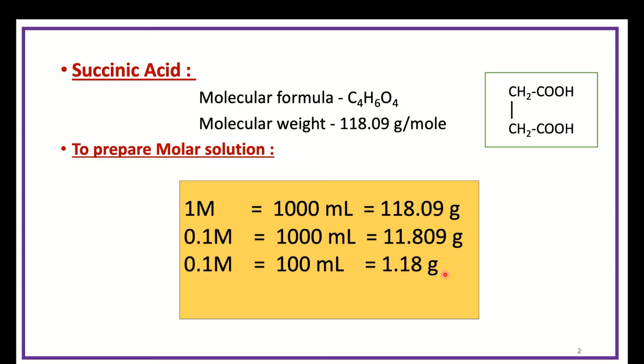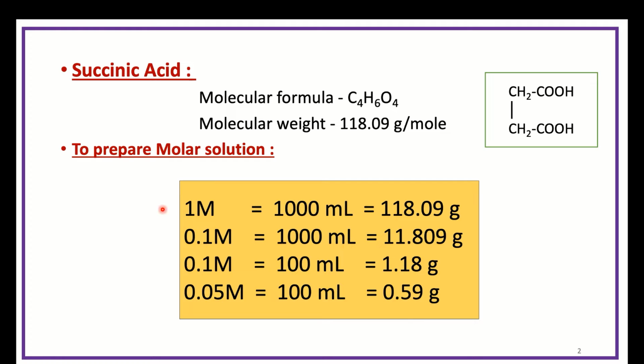Similarly, for 0.05 molar 100 ml of the solution, we need 1.18 divided by 2, that is 0.59 grams of succinic acid, dissolved in a minimum amount of water and then made up to 100 ml in a volumetric flask.